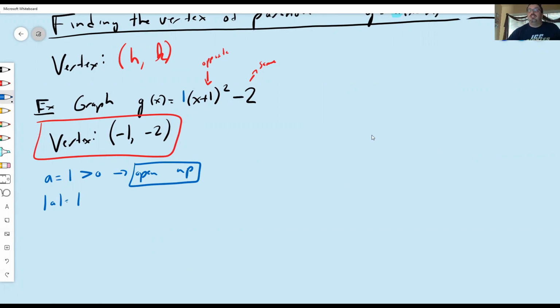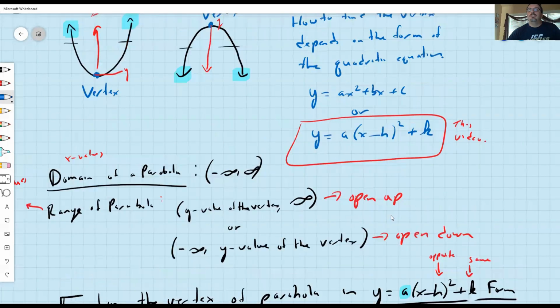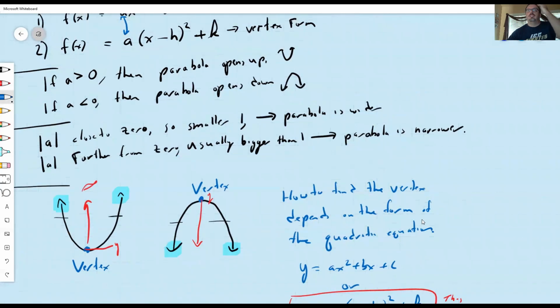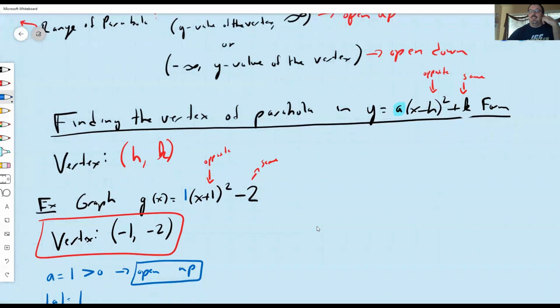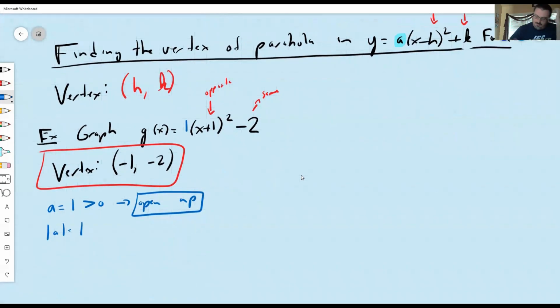And so this is a weird case, right? Which has absolute values. If you're closer to 0, smaller than 1, you're wider. Further from 0, usually bigger than 1, is going to be narrower. So here we are exactly 1. So if I was to make a call on it, I'm going to call it greater.